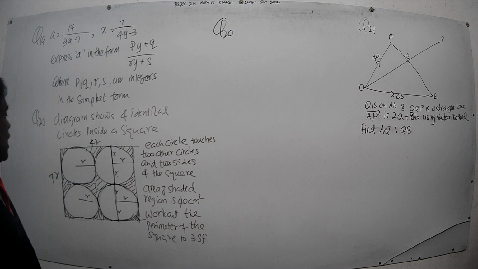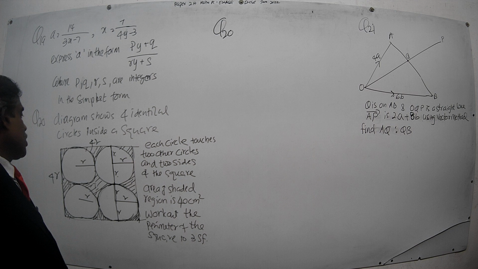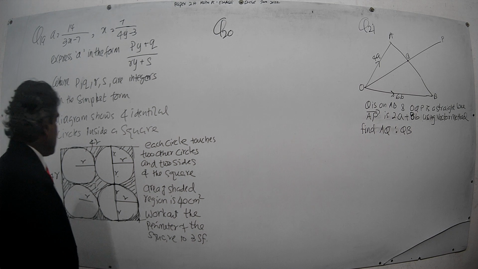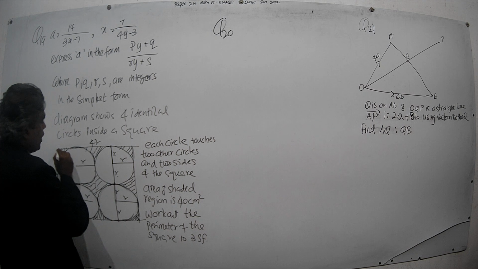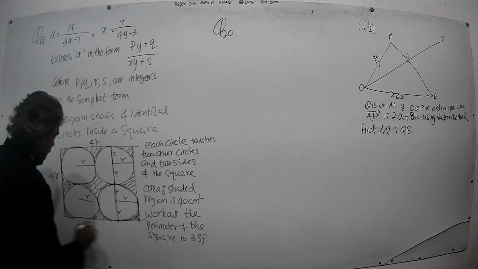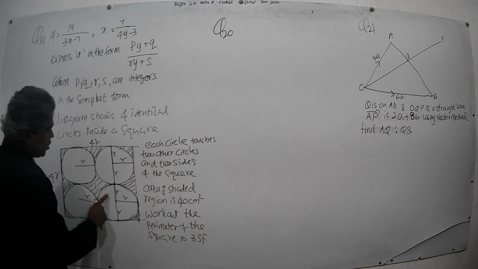Now we will write a statement or equation for this shaded region. How do you find the shaded region? Shaded area is the area of this whole square minus the areas of these 4 circles.